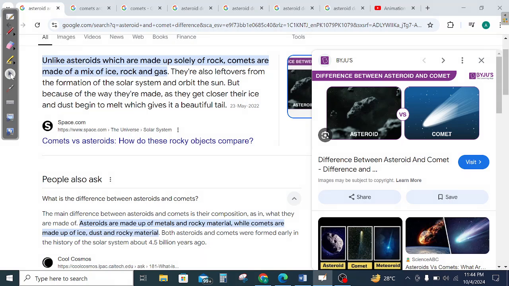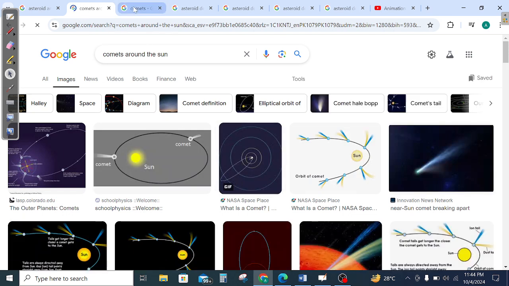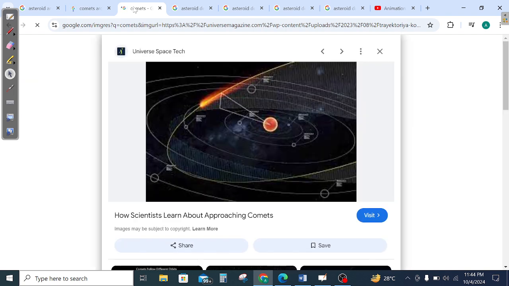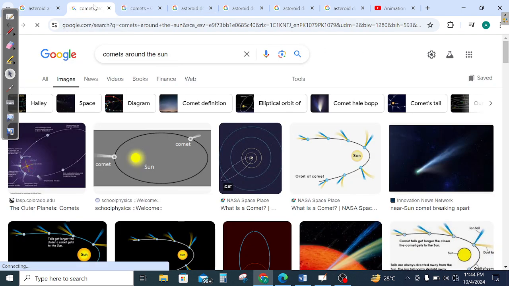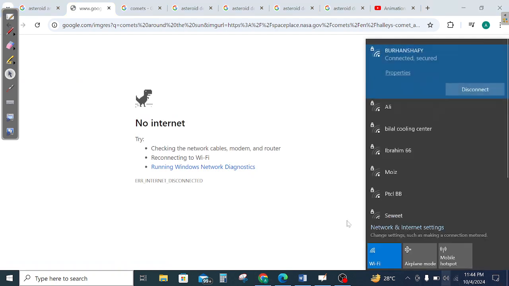If you look at that, the path of the comet is, I will show you where it is. Okay, this one. Just wait.